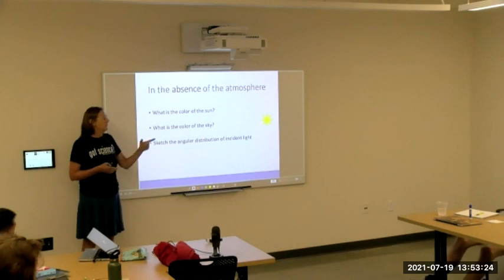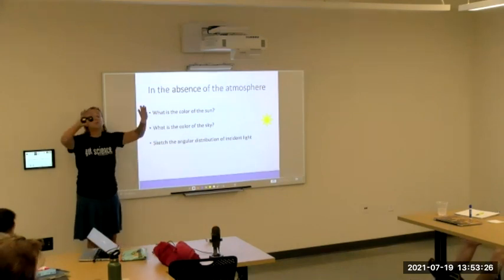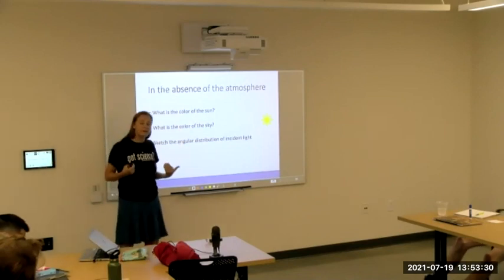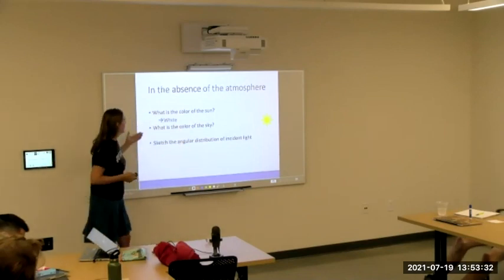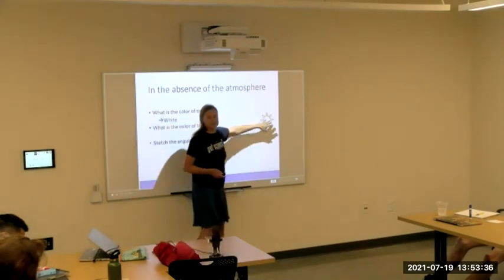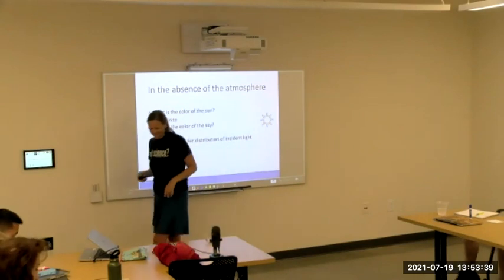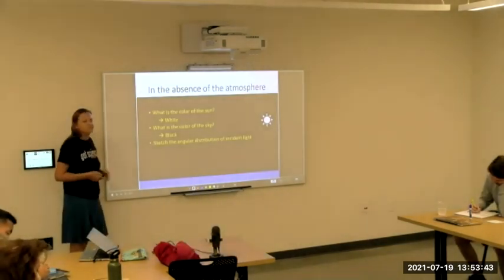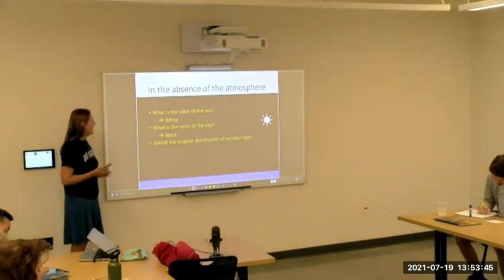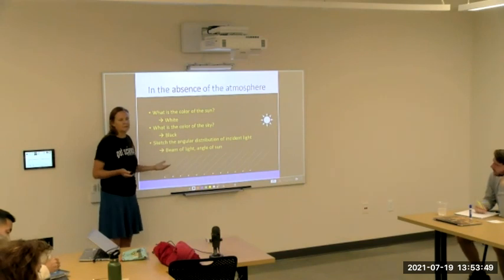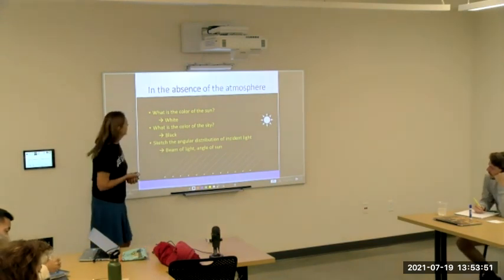All parallel and direct, because the sun is so big but so far away that by the time it gets to us, it's essentially parallel. So we would see a white sun. So from now on, I want you always to have your suns be white. Tell your friends. The color of the sky would be black. And then we would have the beams of light coming in at sun angle, right? Excellent. Okay.